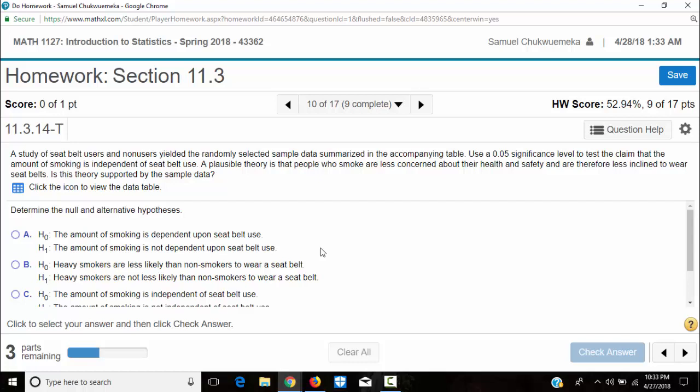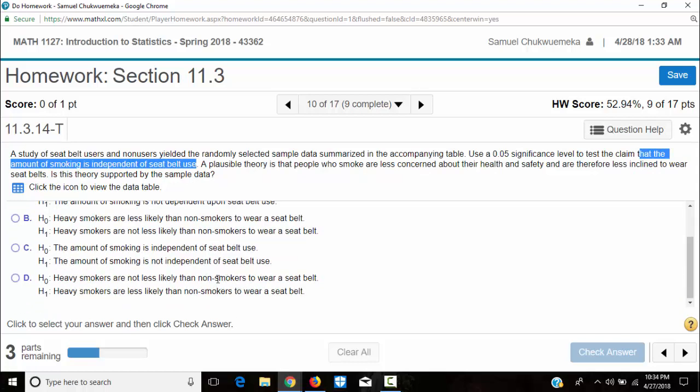Is this theory supported by the sample data? We want to test the claim that the amount of smoking is independent of seatbelt use. So the null is that the amount of smoking is independent of seatbelt use. The alternative is that the amount of smoking is not independent of seatbelt use.